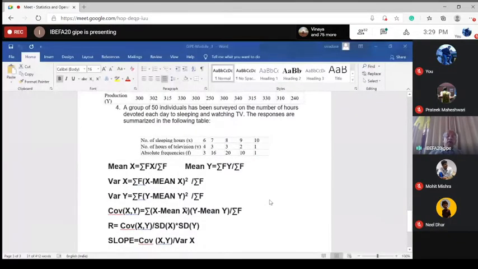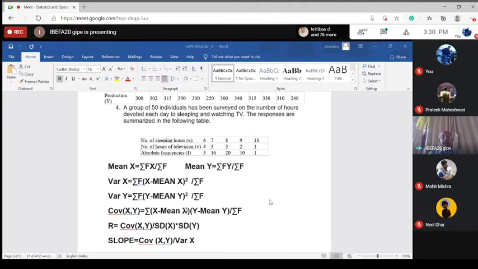A group of 50 individuals has been surveyed on the number of hours devoted each day to sleeping and watching TV. The responses are given below. Sleeping time X, hours watching television Y.